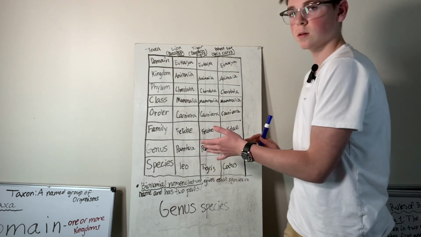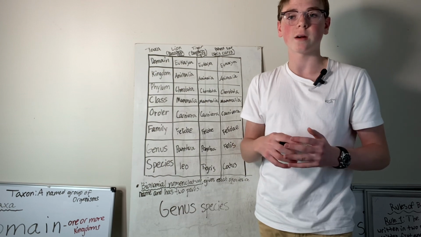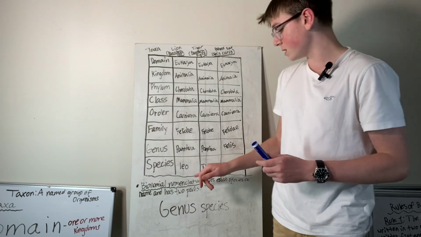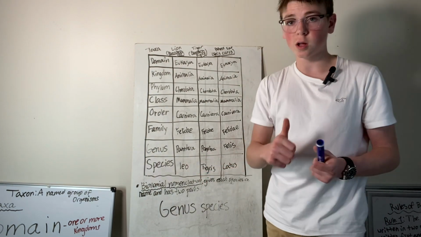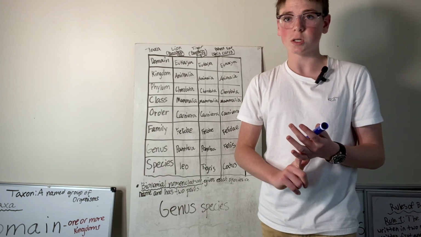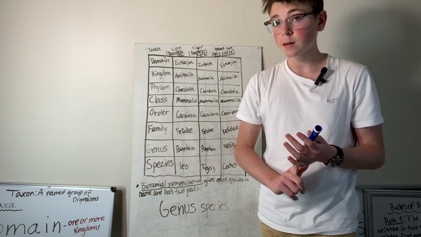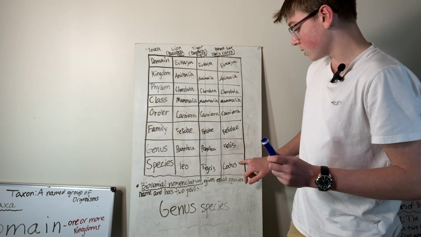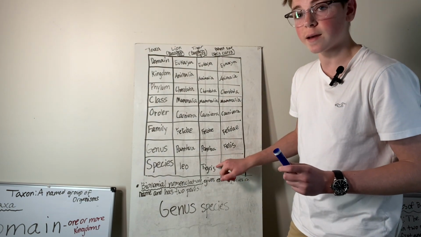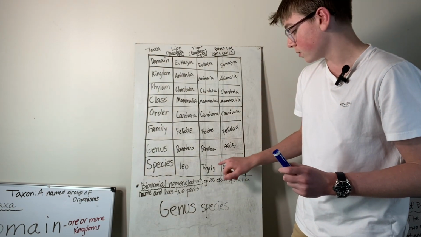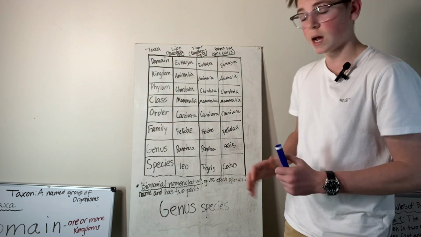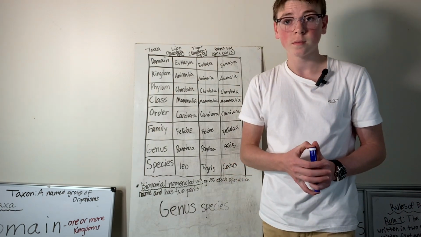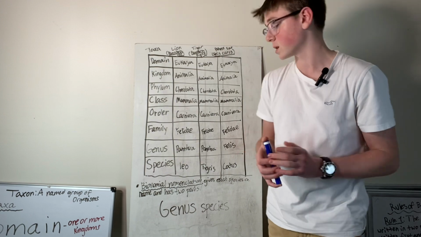They're in different genera. So these two are species that are closely related and have a common ancestor. But this species is not closely related and does not have a common ancestor with the tiger. Well, not a very recent common ancestor.